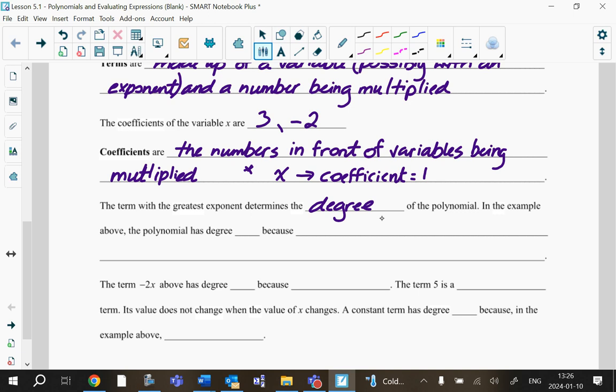So in the example above, we would say this polynomial has a degree of, what's its highest exponent? 2. Because 2 is the highest exponent in the polynomial.